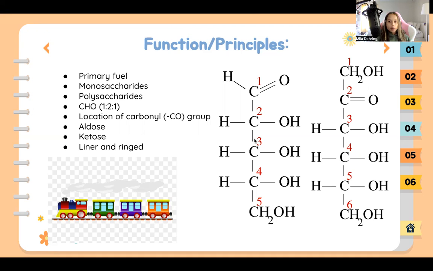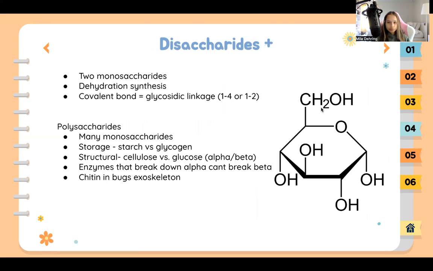And carbs can be linear or ringed. They're typically going to be ringed in aqueous solutions, but they can be linear or ringed, and it really doesn't change the function. Like I said, there's disaccharides. 2 monosaccharides will bond together via dehydration synthesis, and that will form a disaccharide, 2 monomers together.